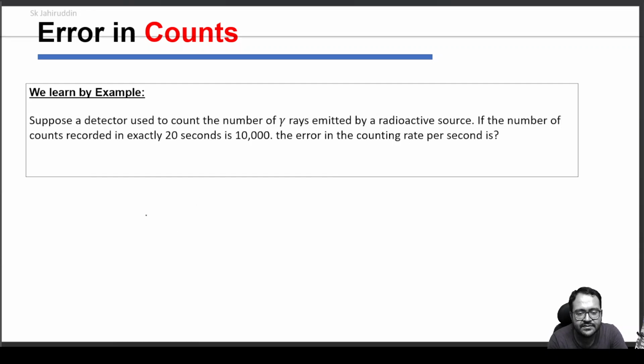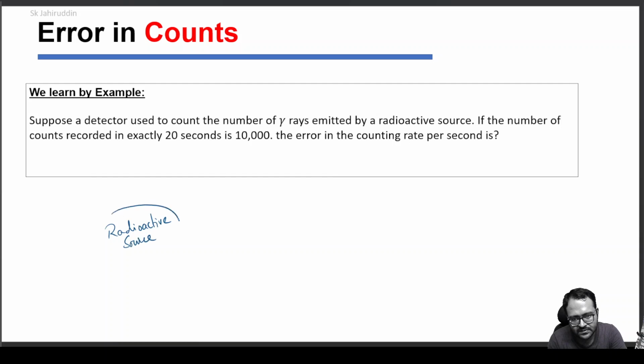You have a radioactive source and you have the detector.